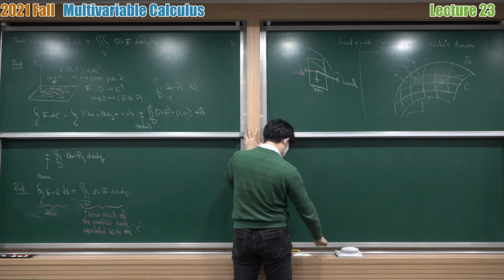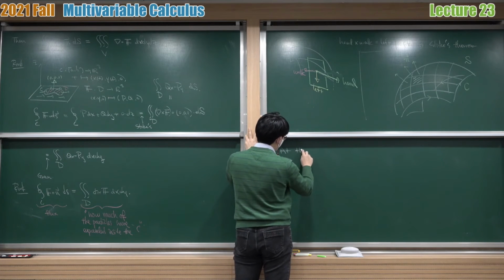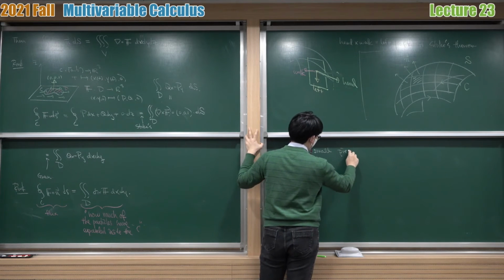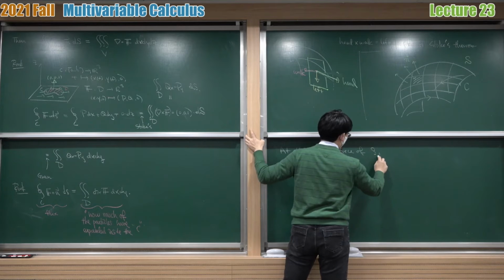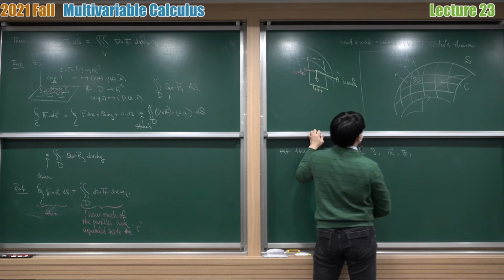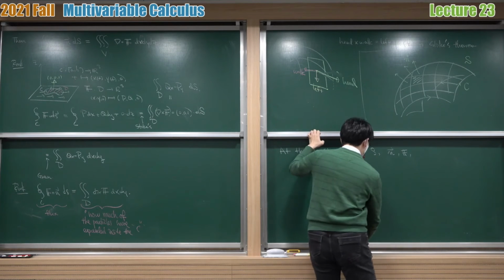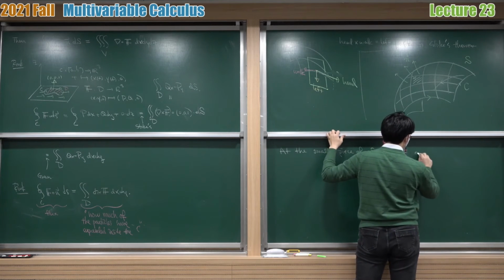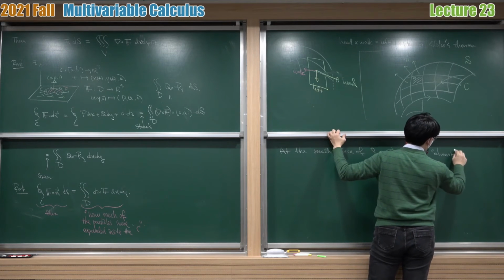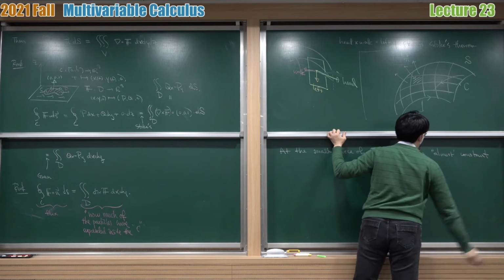So at the small piece of S, the n, F, and what else? n, F are almost constant as a vector, okay?